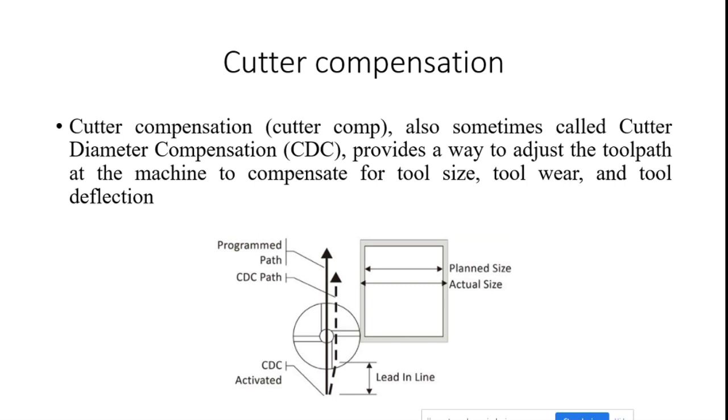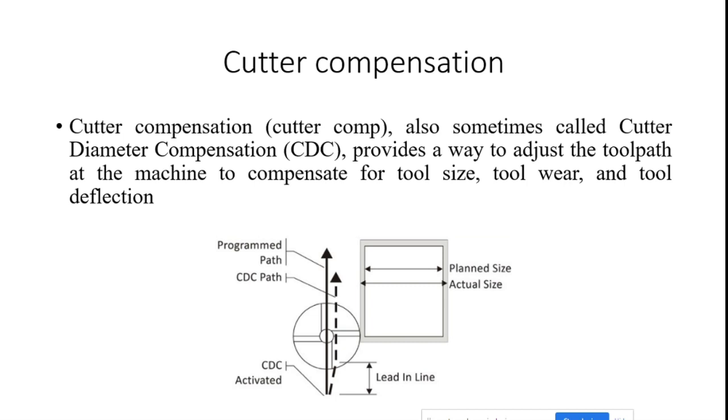If I utilize a turning tool, I call it cutter compensation, or otherwise if I utilize a face mill cutter or end mill cutter, the cutter compensation is called cutter diameter compensation, which provides a way to adjust the tool path at the machine to compensate for tool size, tool wear and tool deflection. So from this cutter compensation data, I can give the data for tool wear and tool deflection.